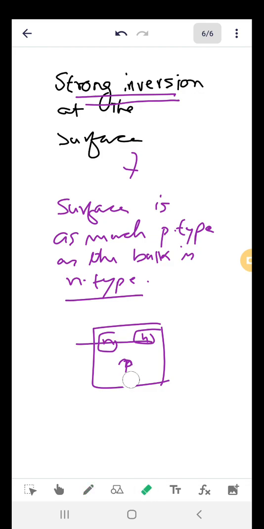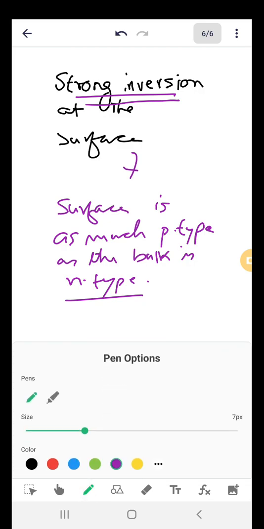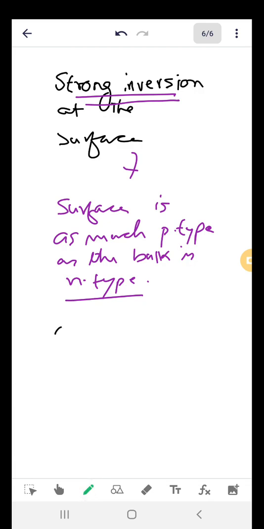For this to happen, the surface potential should be twice the bulk potential. For just inversion to take place, the surface potential has to be equal to the bulk potential, but for a strong inversion, the surface potential will be twice the bulk potential.